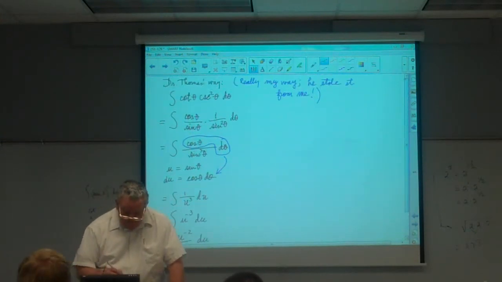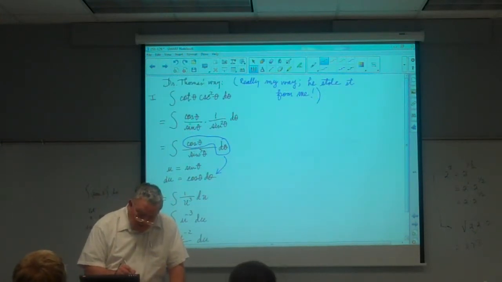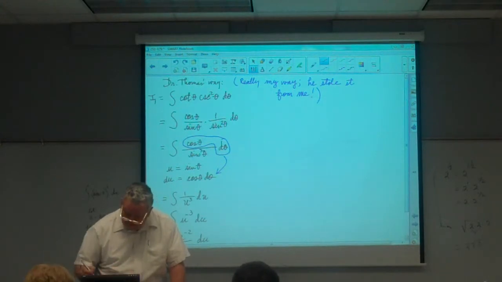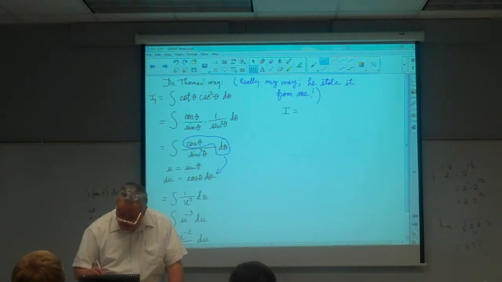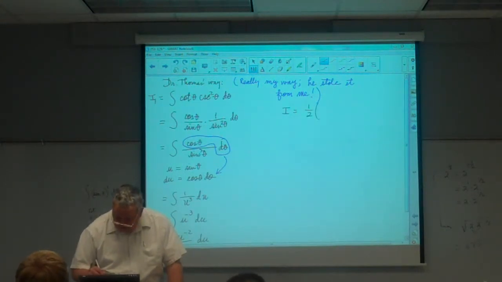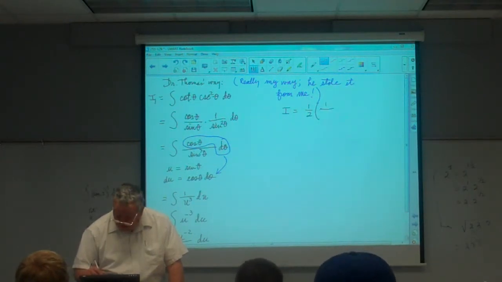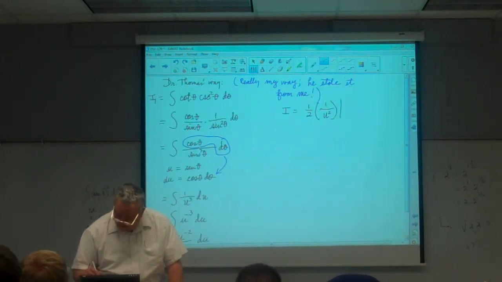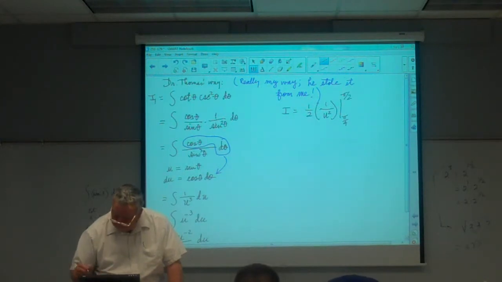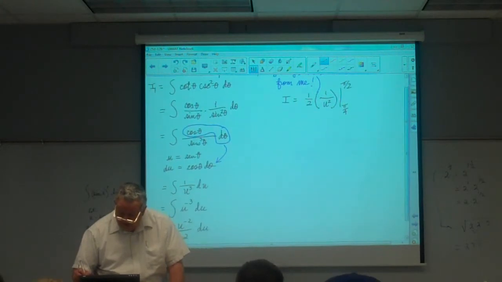And then, if this is I1, then I is equal to 1/2 times 1 over u squared from pi over 4 to pi over 2. Minus 1/2. Does everybody agree with that?